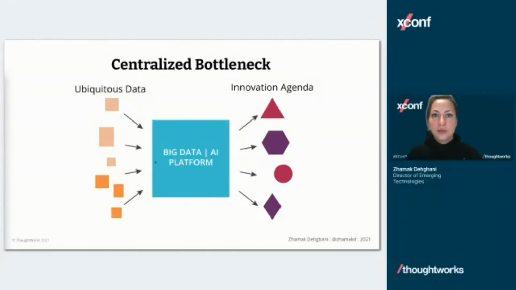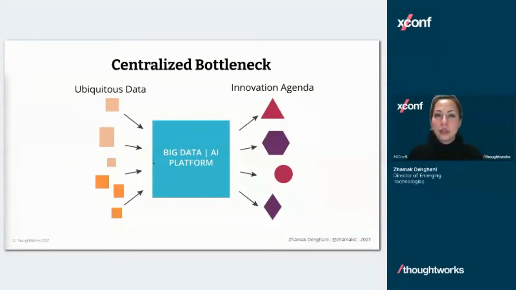The job is to capture data, cleanse data, organize data from all of these places in the organization, and then satisfy the needs of all of these innovative solutions that you want to build with data, with this central team, this central technology, this centralized approach.